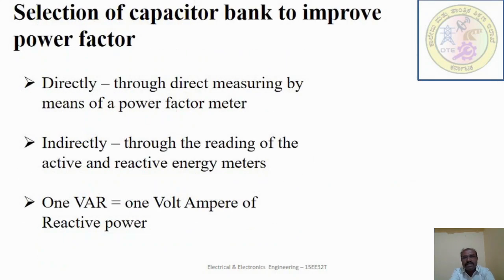Next topic, selection of capacitor bank to improve power factor. For the dimensioning of the capacitor bank to be installed in order to improve the power factor of the plant, it is necessary to calculate correctly the power factor according to the consumption or load cycle of the plant.